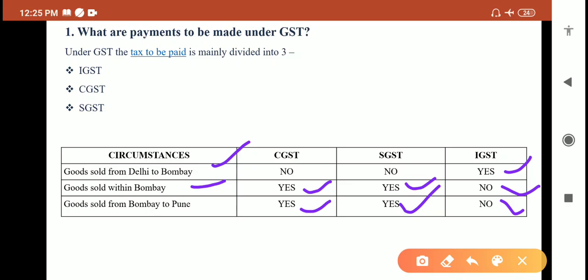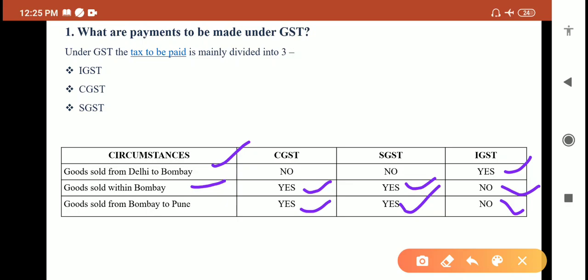See, however, it is clearly mentioned in Section 8 of the GST Act 2017. Section 8 clarifies that the taxes be levied on all intrastate supplies of goods and services.